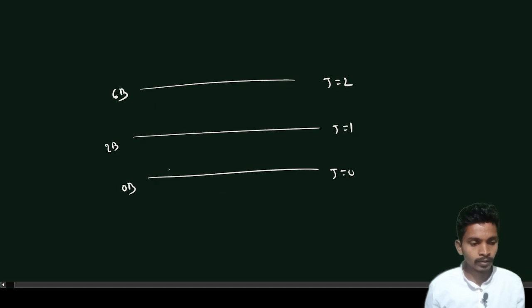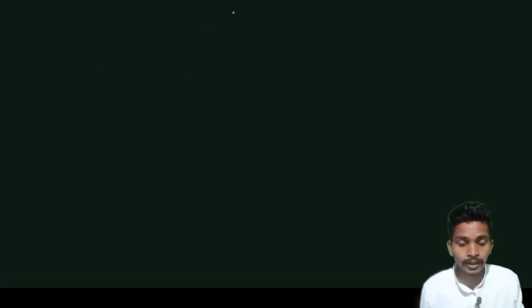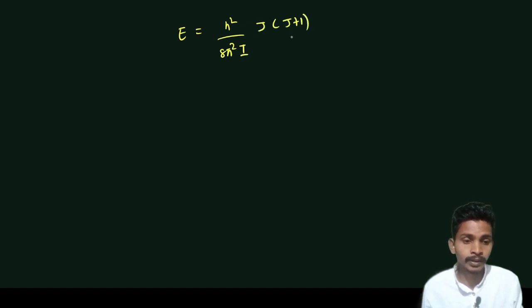Welcome all. In the previous class we discussed that energy levels are quantized, and that the energy levels are given by an equation derived from the Schrodinger equation: E = h² / (8π² I) × J(J+1), where J is the rotational quantum number, and this is in joule.